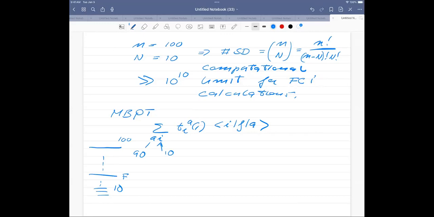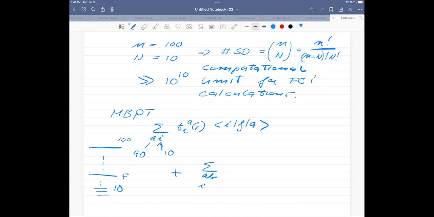You see that immediately. One of the sums runs from 1 to 10, and the other one from 11 to 100. And it's a piece of cake to calculate this. And then if I go to the next term, which is a little bit more complicated and expensive, this would be 90 to the power of 2.